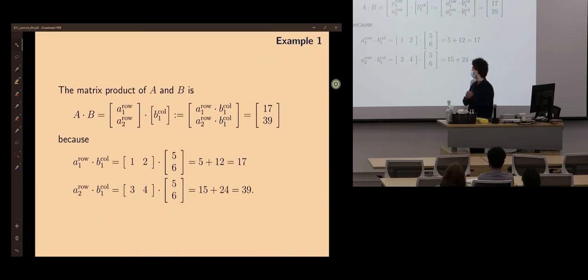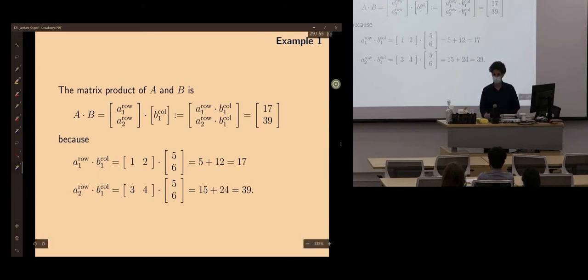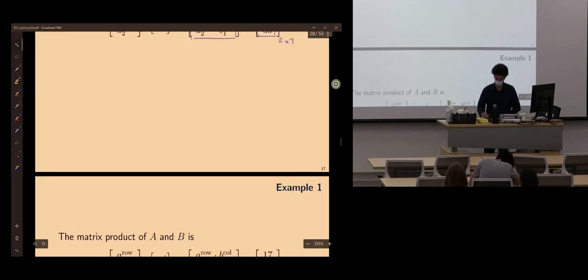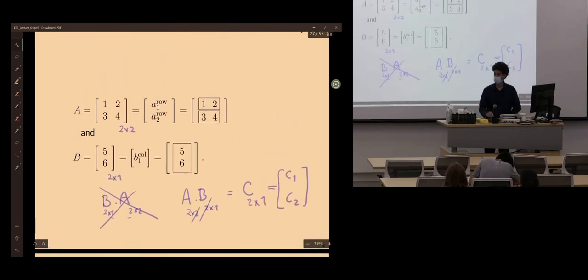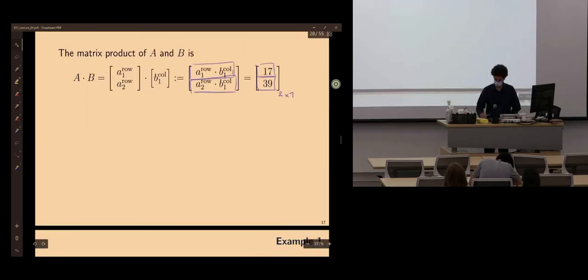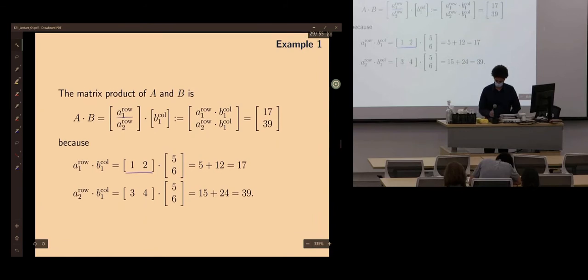Because we can also write it down. So the first row of A, we partitioned A into rows. The first partition is 1, 2, right? Remember, A was 1, 2, 3, 4. And the second one is 3 and 4.